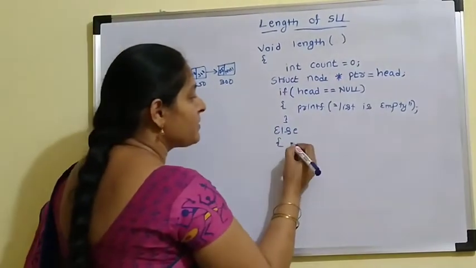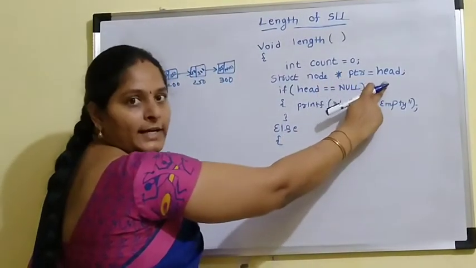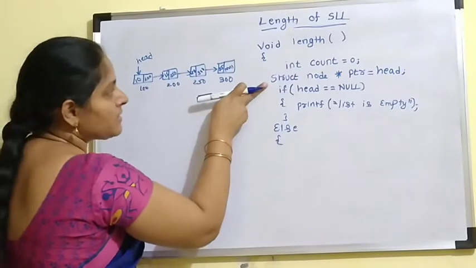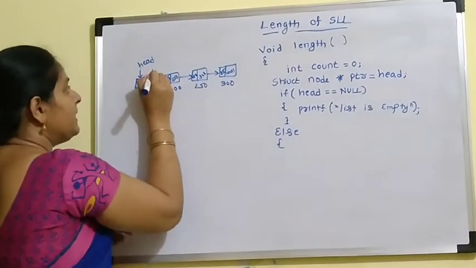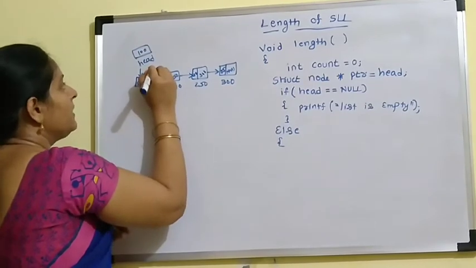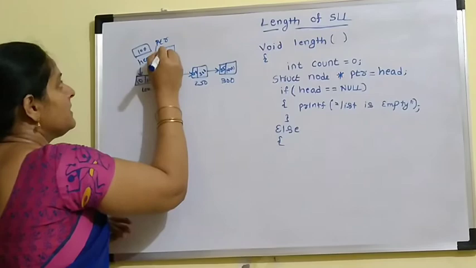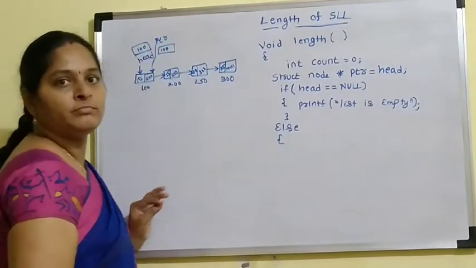Now see, first we need to start traversing from the head node. With this statement, I am taking one PTR. Here the address is 100, so my PTR address is initially 100.